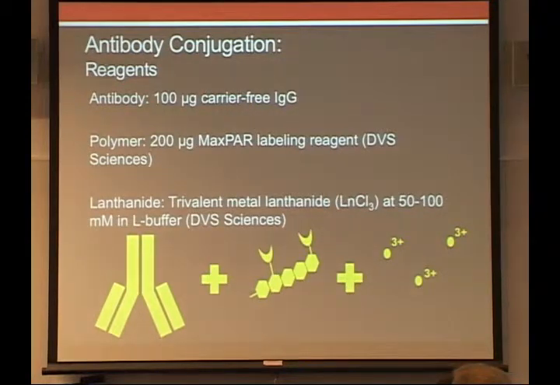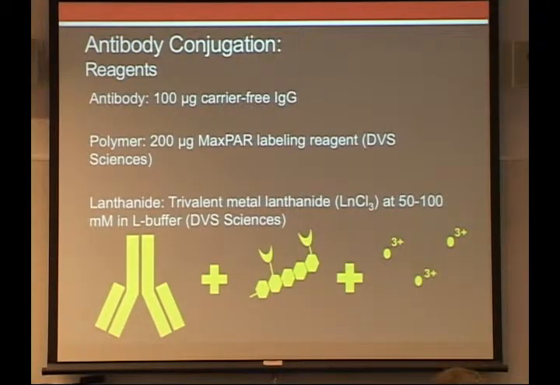You'll also need the polymer, which is commercially available from DVS under the trademark MaxPar. And we use 200 micrograms of that per labeling reaction. And then the lanthanide itself, which comes in the form of the trivalent salt. So that's the lanthanide trichloride.